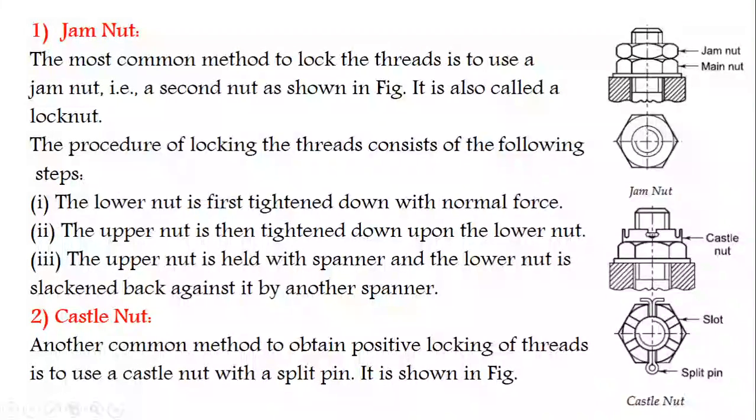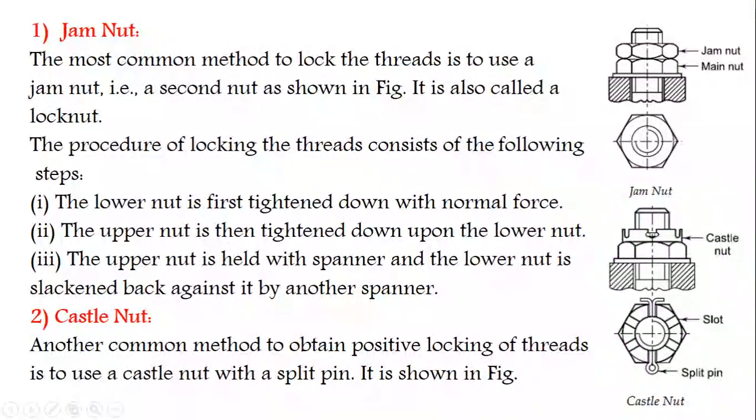This force of friction does not depend on the external force applied to the joint. After the assembly, the upper nut, called the jam nut, carries the main axial load.